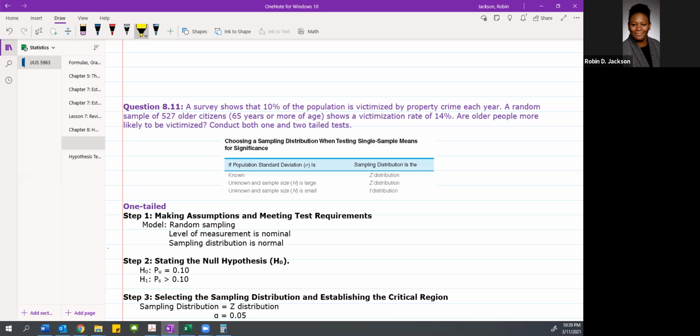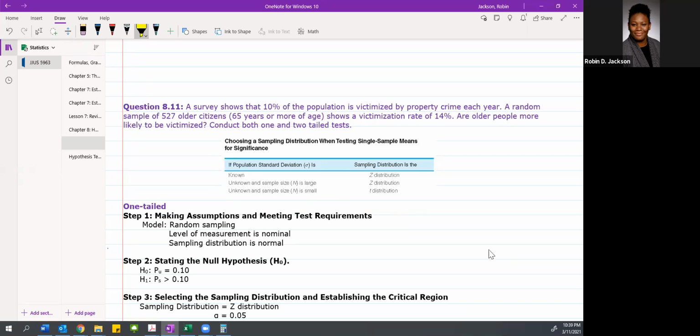Okay, so where it says a survey shows that 10% of the population is victimized by property crime, we know that's really saying 0.10. That would be our proportion for the population. This is different from confidence intervals.